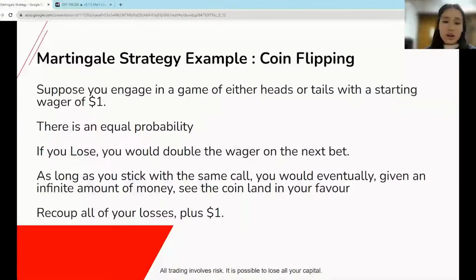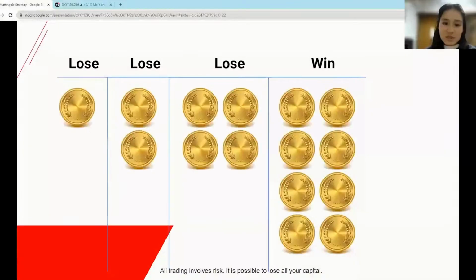So the way of visualizing this is to basically understand the underlying theory of the martingale strategy. If we're talking about the example that I just gave about coin flipping, look at the first column, which is the lose column. Let's say you are betting one coin or $1, right?